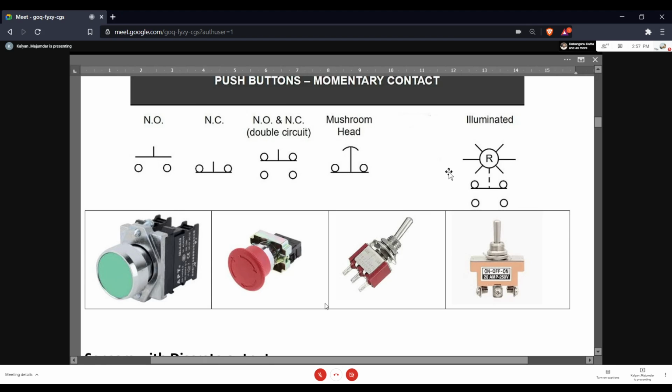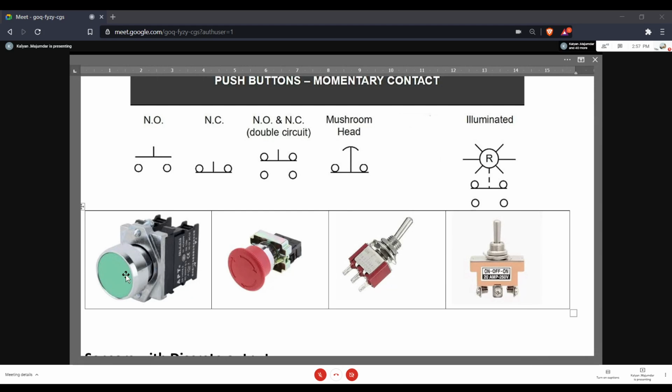And you have another category that this particular push button could also be illuminated. That is, when you press the push button, if the circuit closes, this particular button lights up. That is, you've got an indicator behind. When the circuit closes, the indicator, it's basically LED these days. Earlier it used to be a bulb. The bulb or LED lights up, and this gets illuminated just to visually indicate that the switch has been activated.